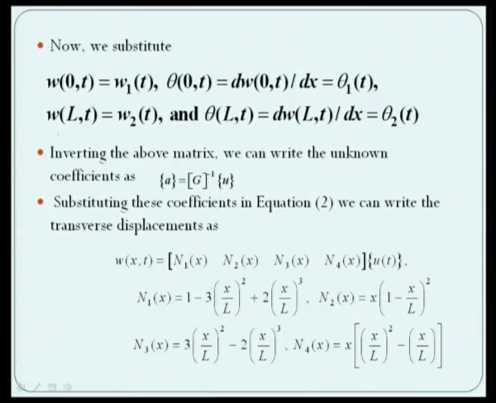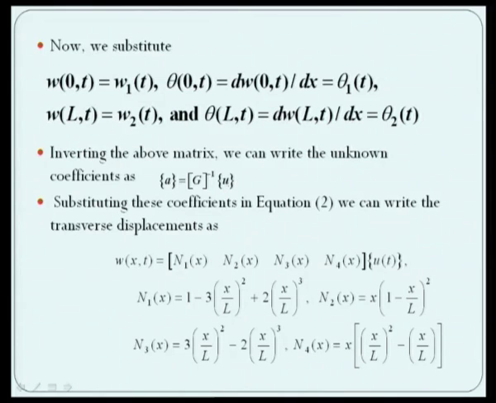At x equal to L the transverse displacement is W2, and at x equal to L dW by dx will be equal to theta 2. When we substitute this, we can relate the nodal displacements with the constants, and inverting it we get the unknown constants a0, a1, a2, a3 related to the nodal displacements by this.